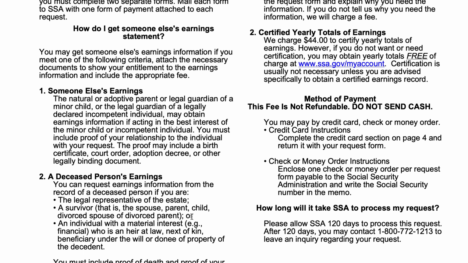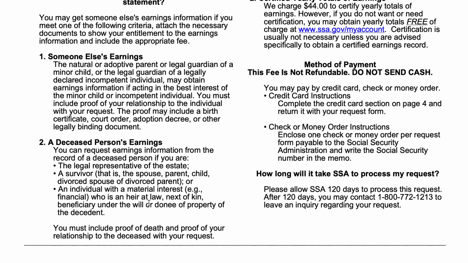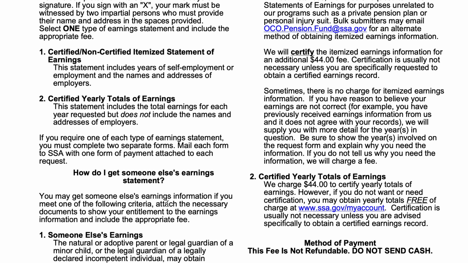If you're the legal representative of a deceased person's estate, a survivor, such as a spouse, a parent, a child, a divorced spouse of a divorced parent, or if you're an individual with a material interest, like you're a next of kin, then you must include the proof of death and the proof of your relationship with the deceased.